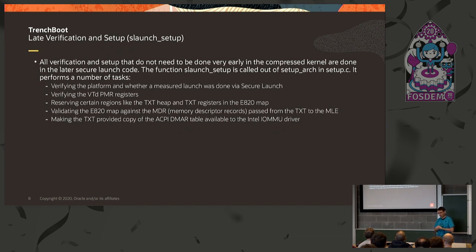And after that, we jump to the kernel proper, and initialization of Intel TXT happens in something called /setup. This part of code lives in setup C and is called from setup arch. This part of code performs the following tasks.